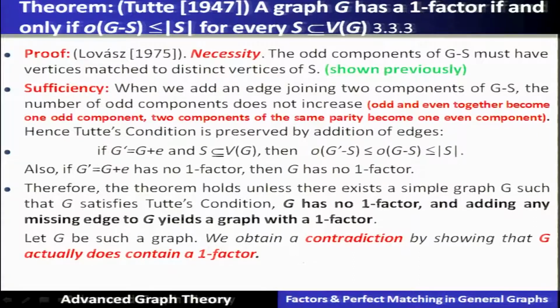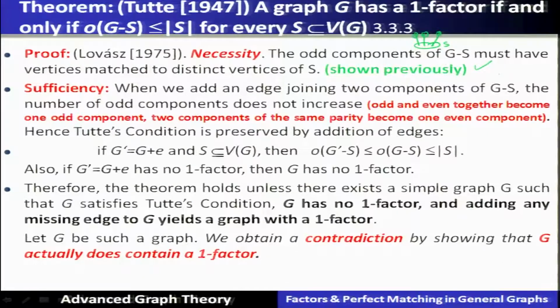For the necessary condition, we have already said that if the graph has a one factor, the odd components will have vertices which go into S. So, the size of S will be at least the number of odd components.